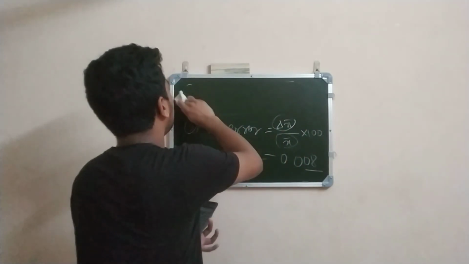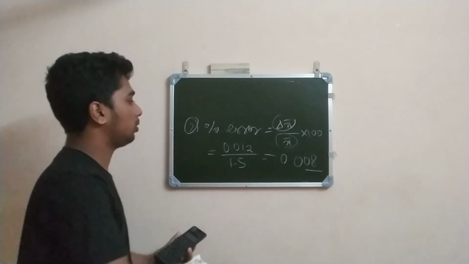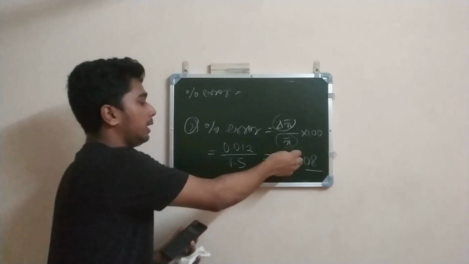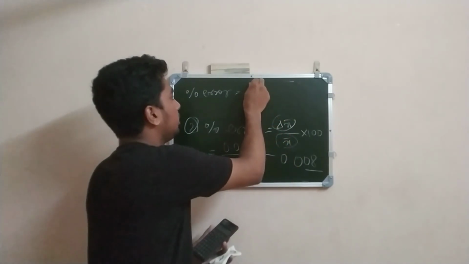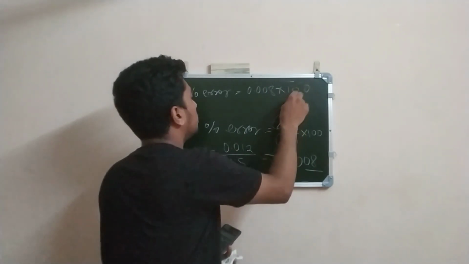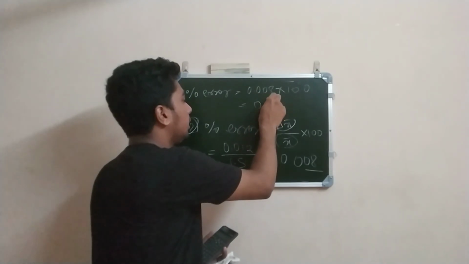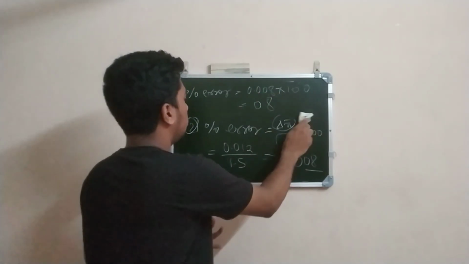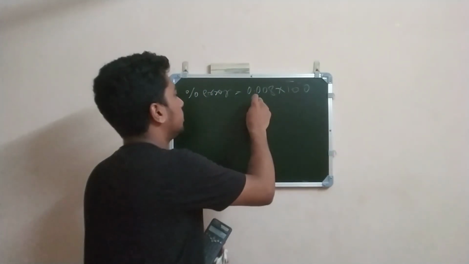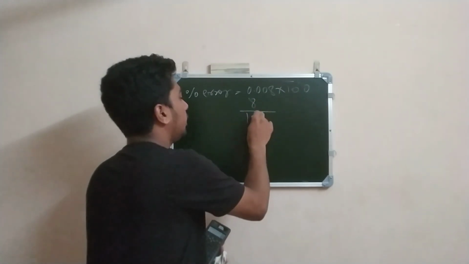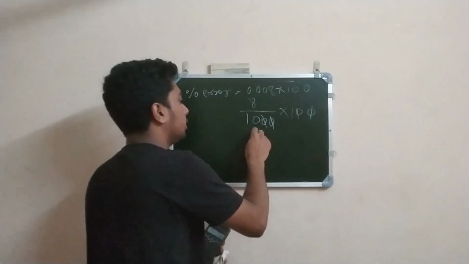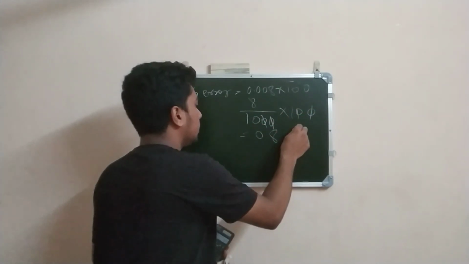So what is the percentage error? Percentage error just multiplies this by 100. So it will be 0.008 multiplied by 100, which gives 0.8. Or if I expand it, 8 divided by 1000 multiplied by 100, so it will be 0.8 percent.